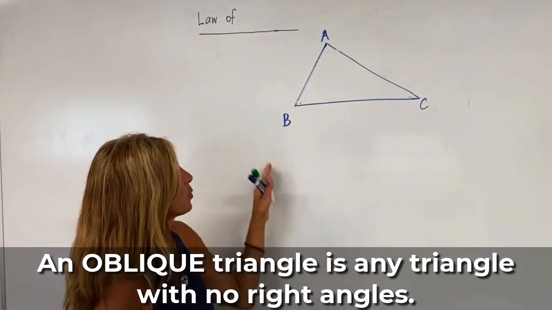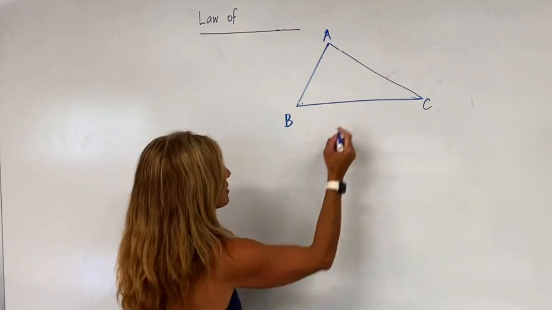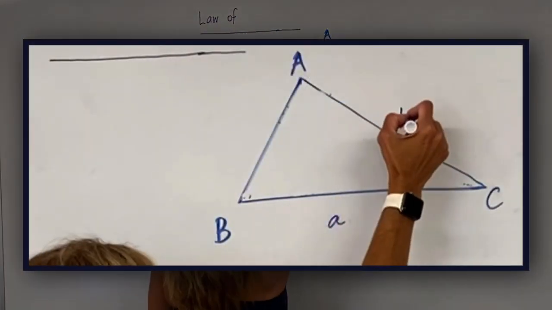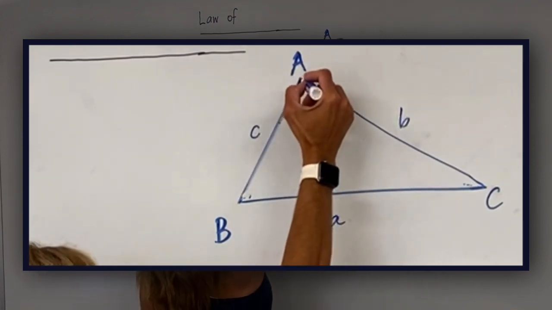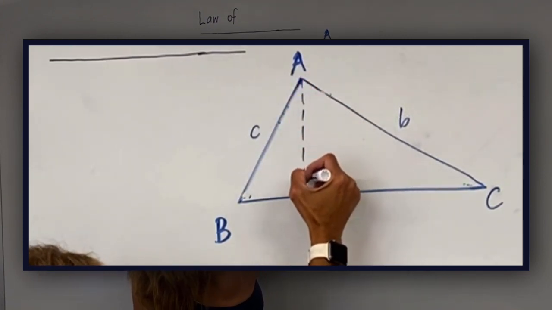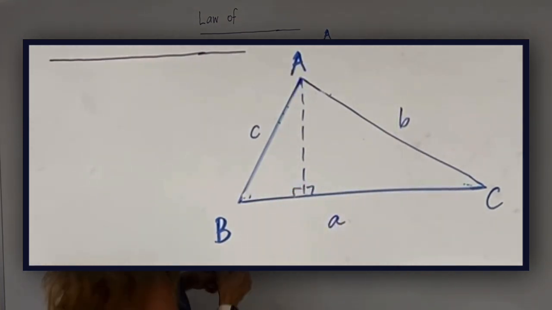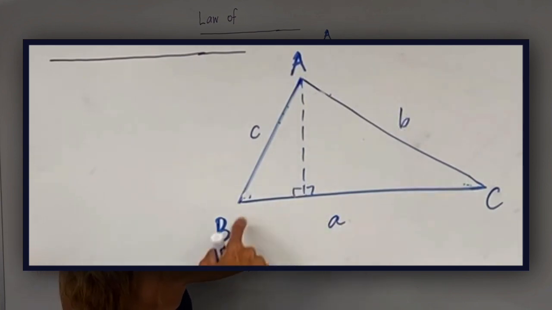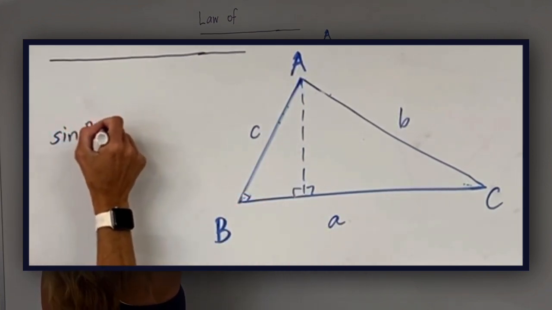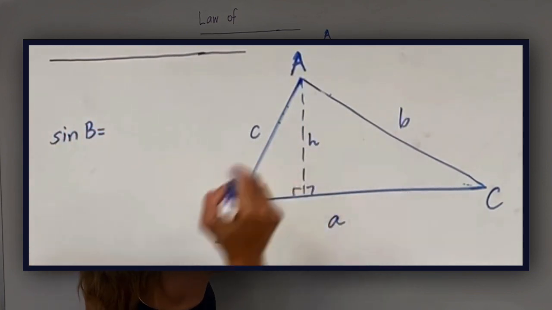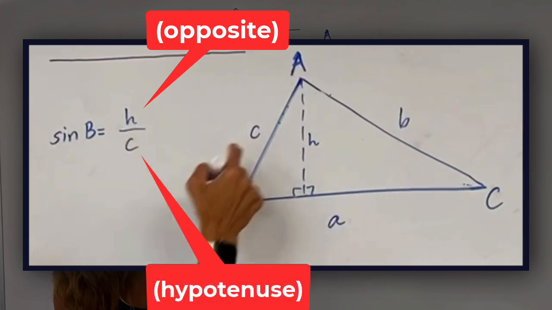And we have labeled this one A, B, C, which means that our corresponding sides are side A, side B, and side C. So what we're going to do is drop a perpendicular to create two right-angled triangles. In these two right-angled triangles, we'll note that if I focus on angle B, sine of angle B is this height divided by the hypotenuse.